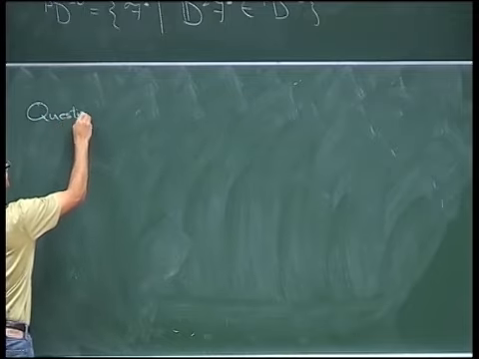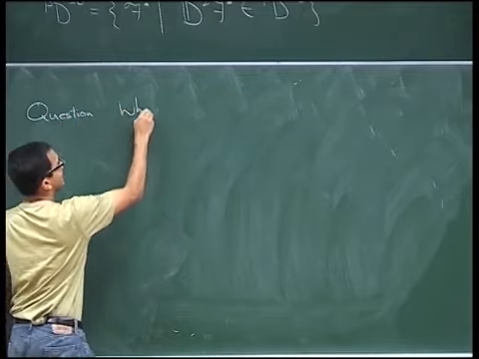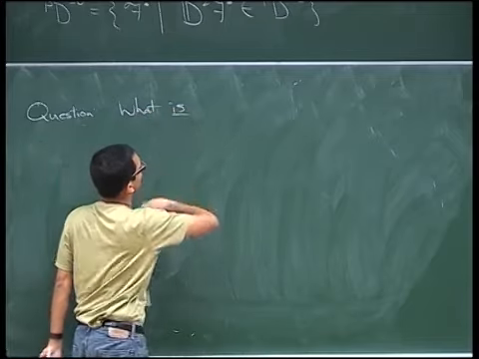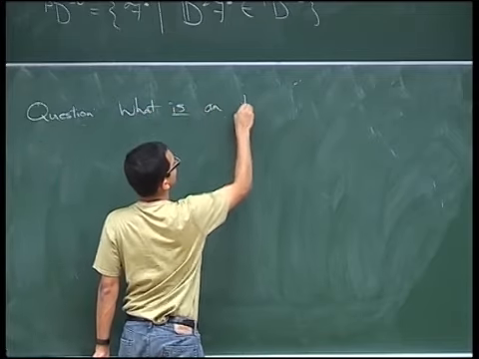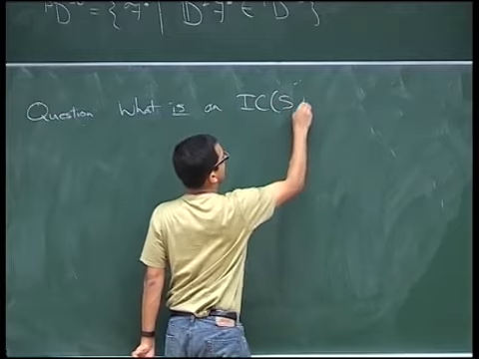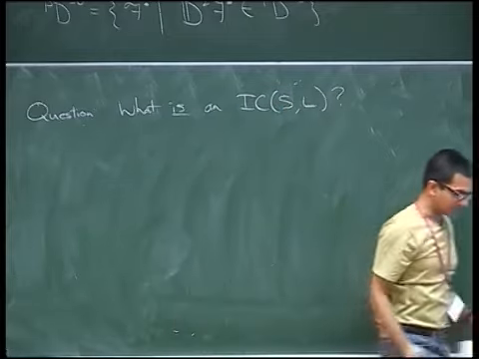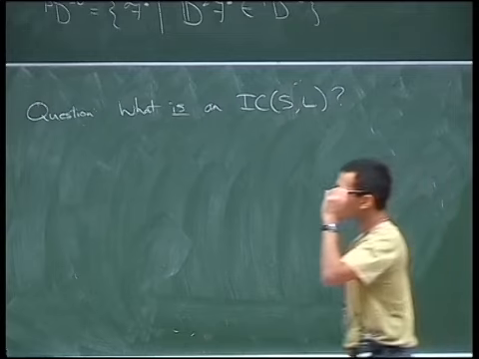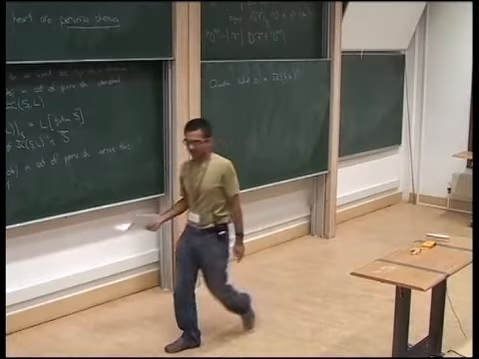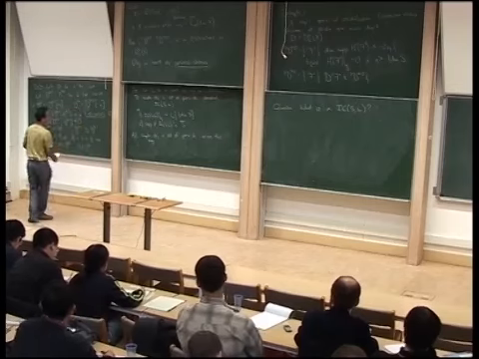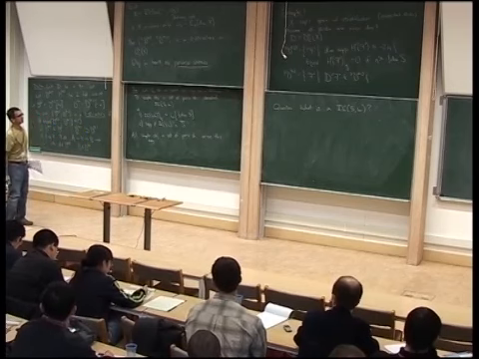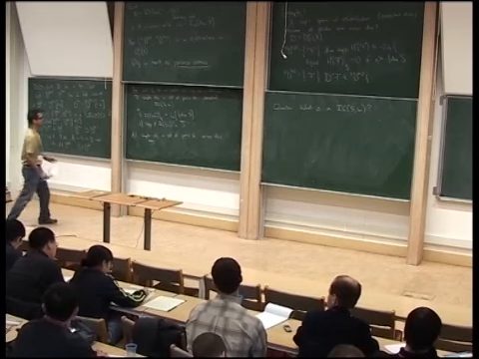So the question is, what is one of these IC objects? I mean, well, I guess I've been talking about a lot of abstract things about T structures and complexes of sheaves with some kind of support conditions.